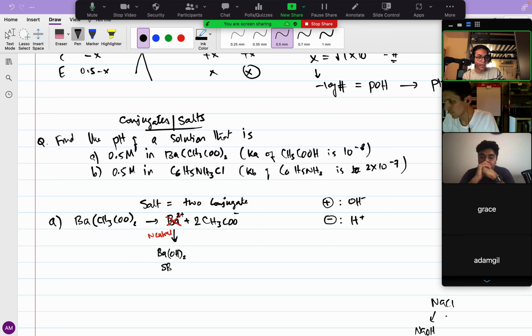The usual minus x, plus x, plus x: 1 minus x, x and x. So if you set it up, x times x, over 1 minus x equals Ka or Kb? Kb, because it's a base reaction. Base reactions get Kb. Acid reactions get Ka.